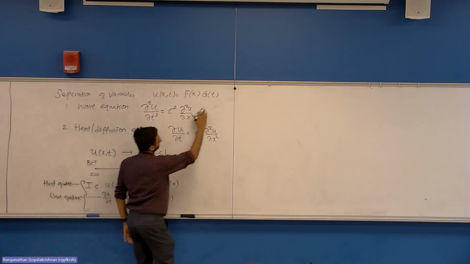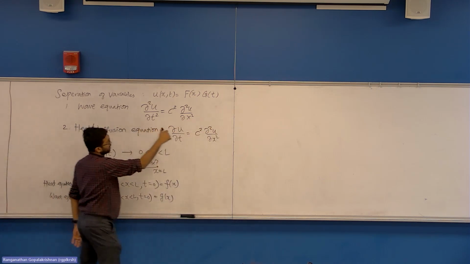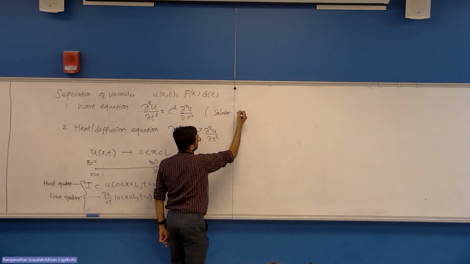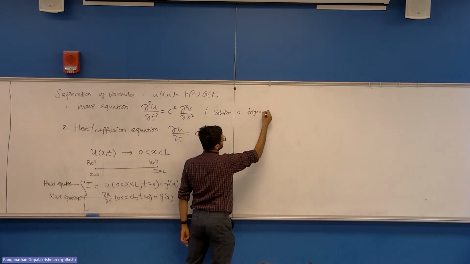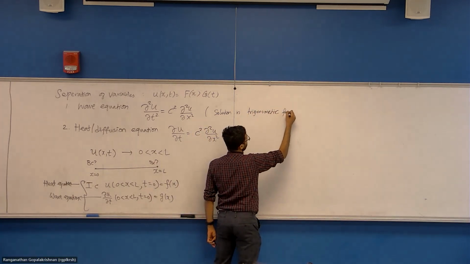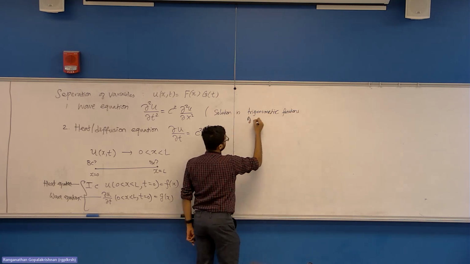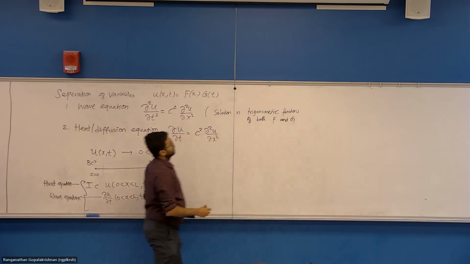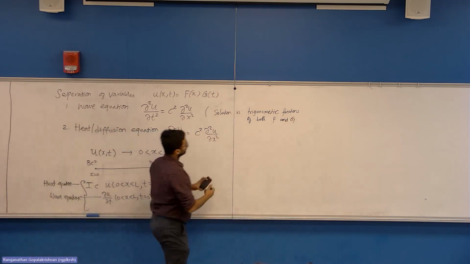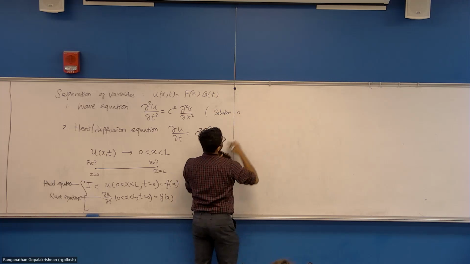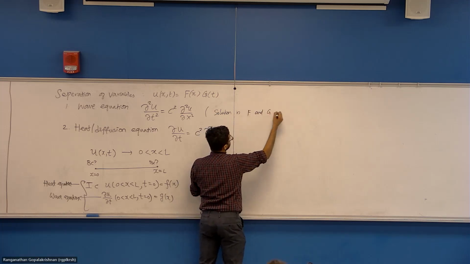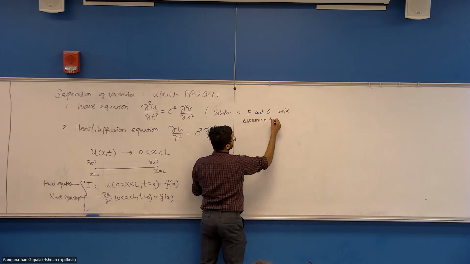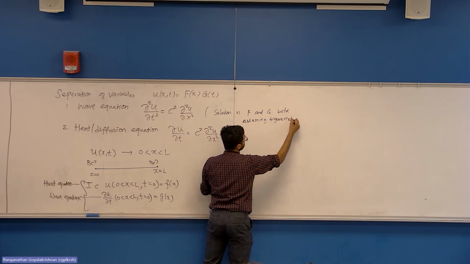If you want to remember, because you have a second derivative in time, you could remember that the solution is composed of trigonometric functions, with f and g both assuming trigonometric forms.